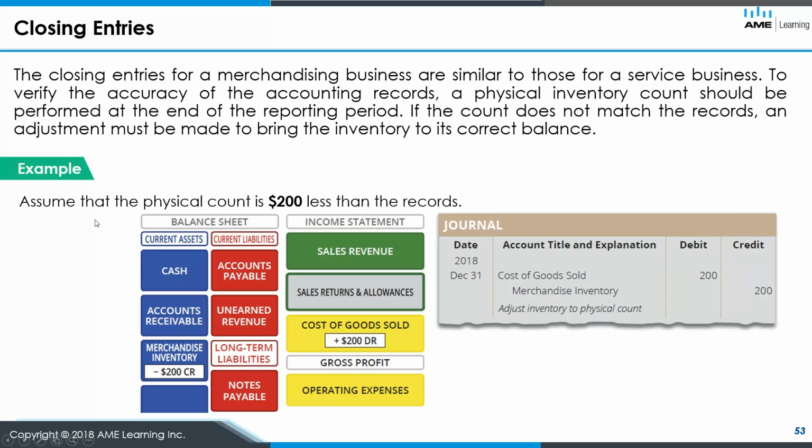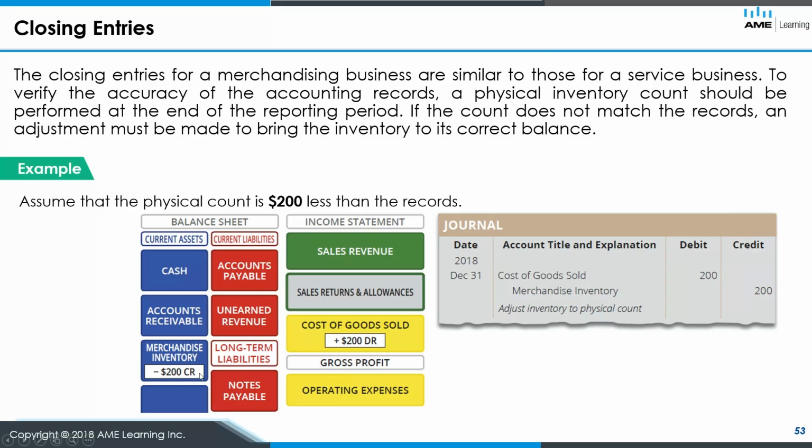In our example, you're assuming that whoever is doing these counts goes out and does their month-end count, or whenever the end of the reporting period is, and they say, oh, you know what? There's $200 less than we thought. We don't know exactly why in this problem, but there was an error somewhere in our records.